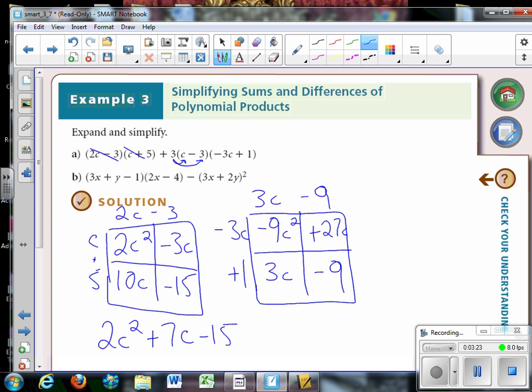So again, collecting like terms, make sure you look and see what your like terms are. In this case, when you're dealing with two binomials, you're always going to see that the middle terms, the c's, are going to be your like terms for the most part. So we'll collect like terms.